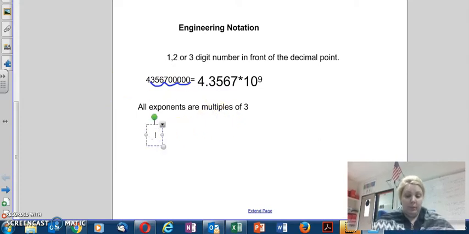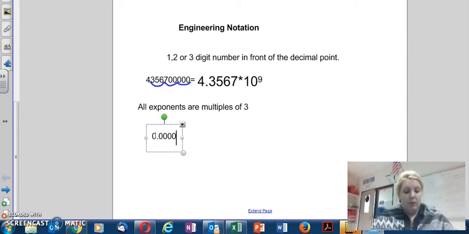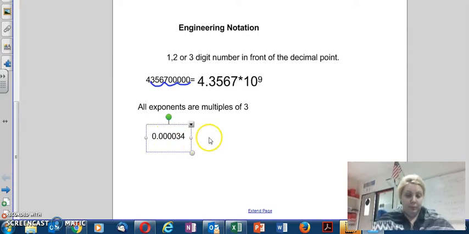So let's do another number. 0.000034. All right. So I'm going to start by moving by 3. So I move my decimal point by 3. And then look, is the number in front of my decimal point a non-zero 1, 2, or 3-digit number? The answer is absolutely not. So I have to keep moving. And now I have the number 34 in front of my decimal point. That's great.